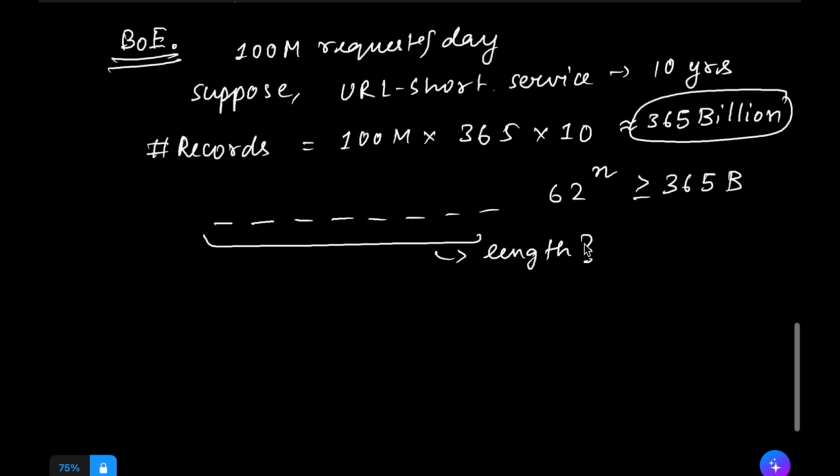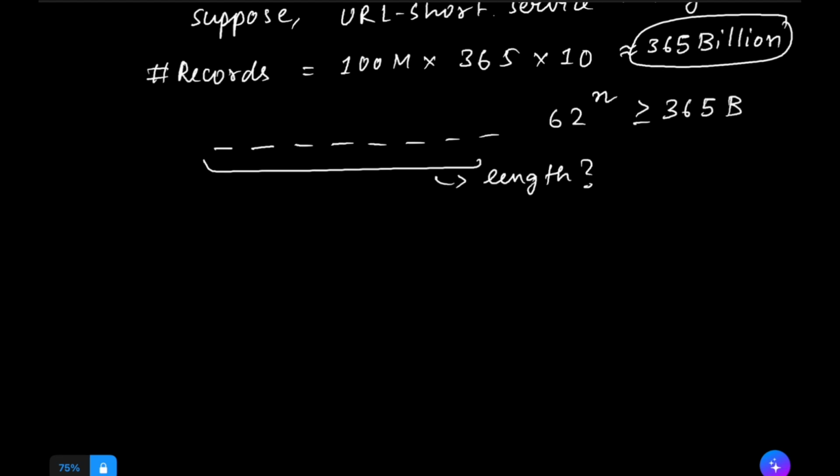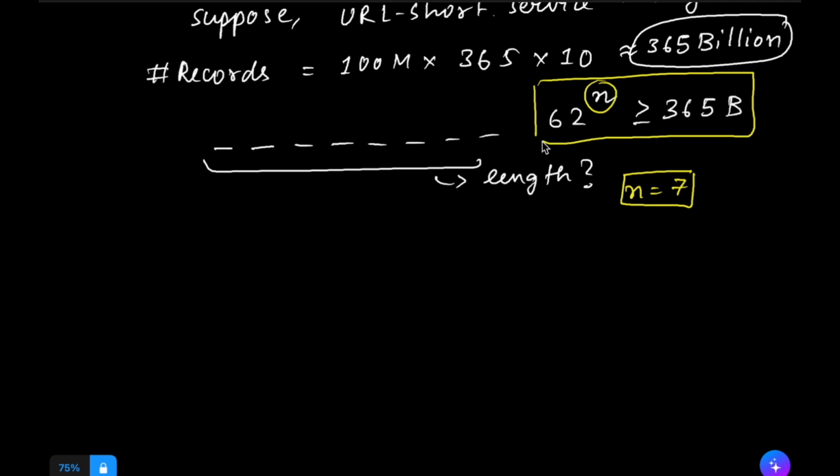If we calculate this value, the n value stands out to be 7, which supports this expression. So when n equals 7, that is 62 to the power 7, our value stands at 3.5 trillion, which is greater than 365 billion.